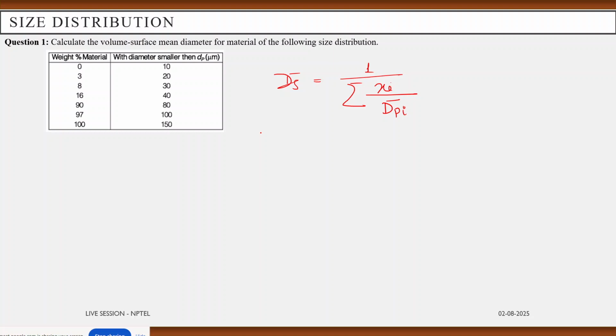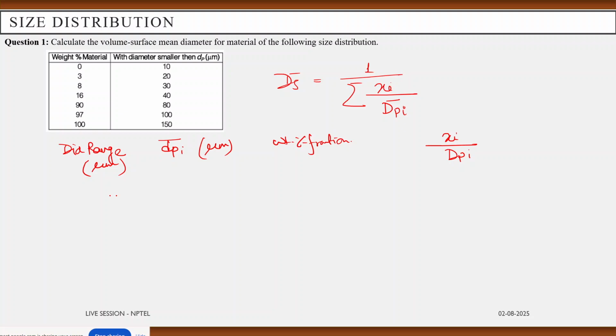This is the diameter range. Depending on that you calculate the average diameter, obviously in microns, and the weight fraction, and at the last you calculate xi by dpi.